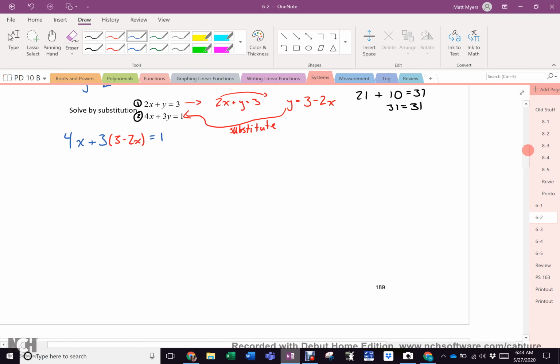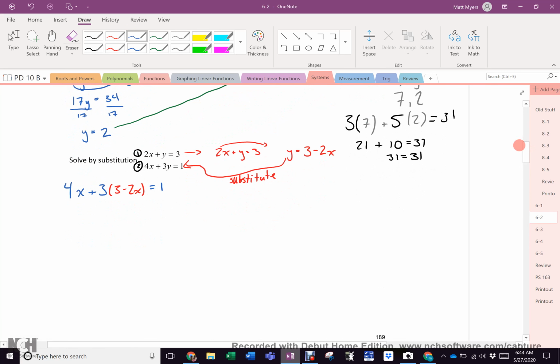And then I just go ahead and I solve it. 4x plus 9 minus 6x equals 1. 4 minus 6, negative 2x plus 9 equals 1. Negative 2x equals negative 8. x equals 4.